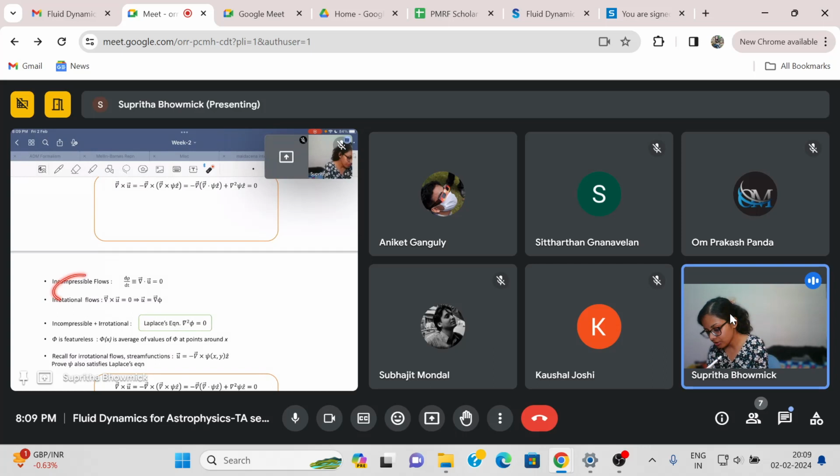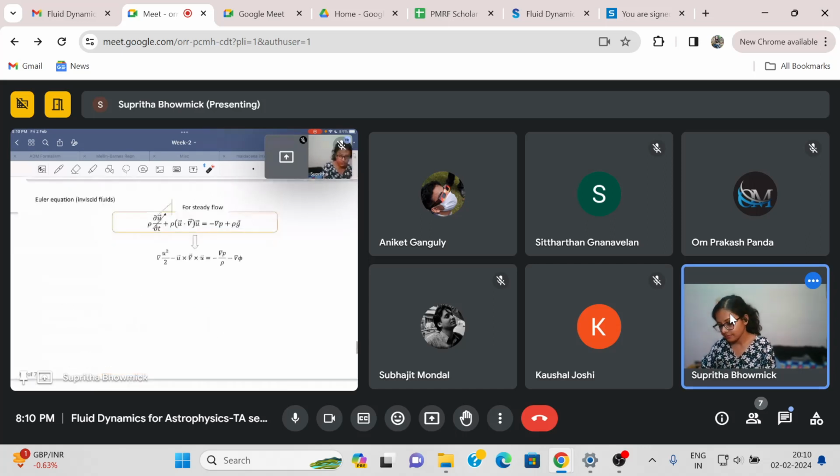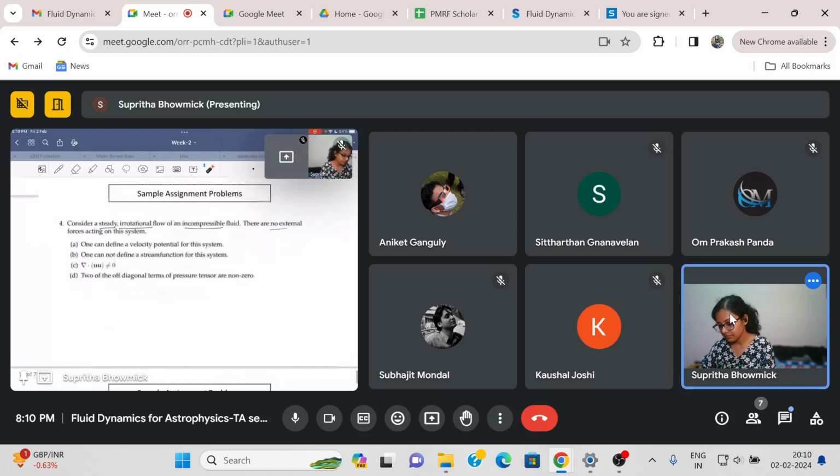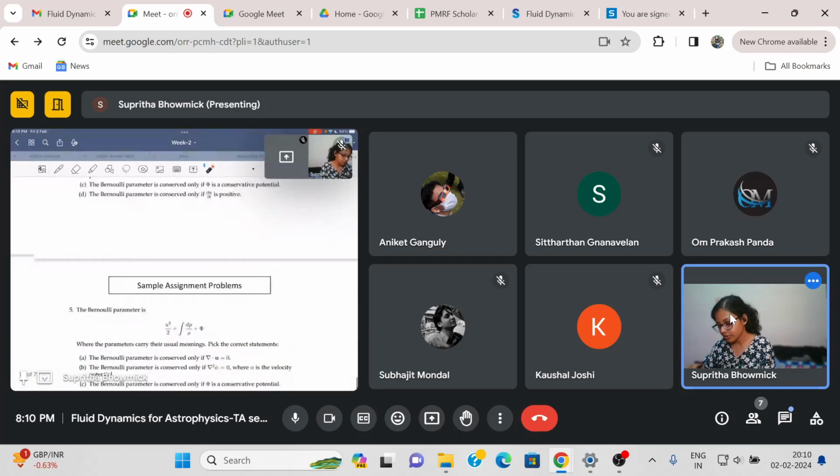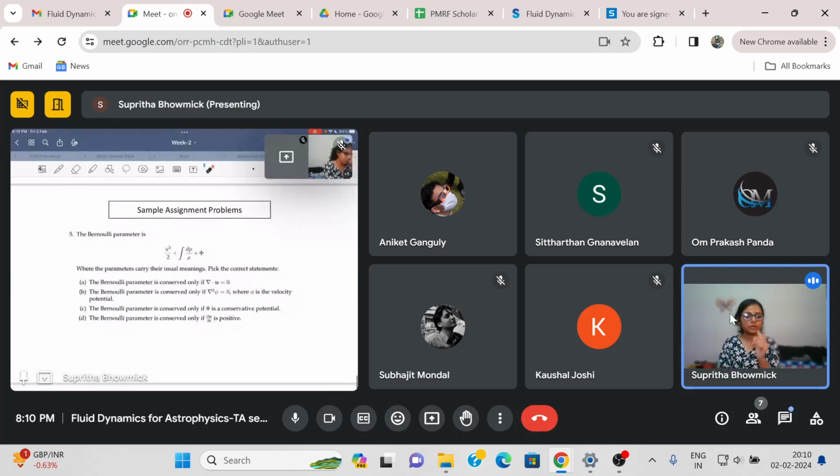Once you have these two conditions in place, only then phi satisfies Laplace's equation. So which means that option B is not true. Now, is this not clear to anyone? Okay, I hope that is clear.